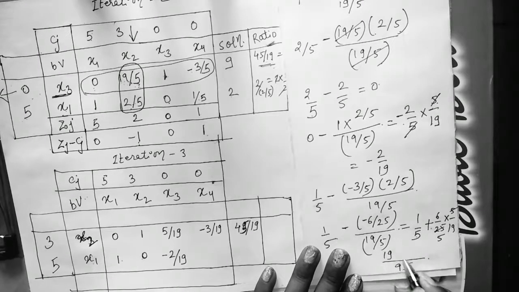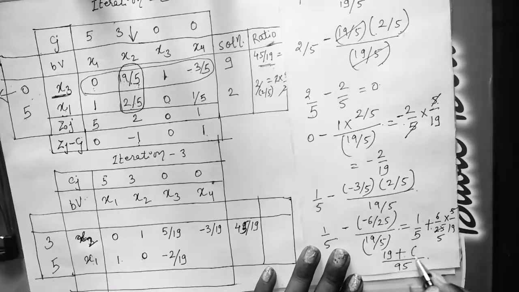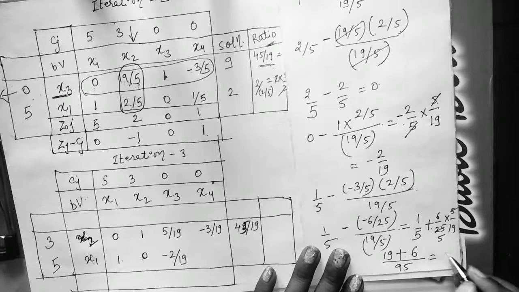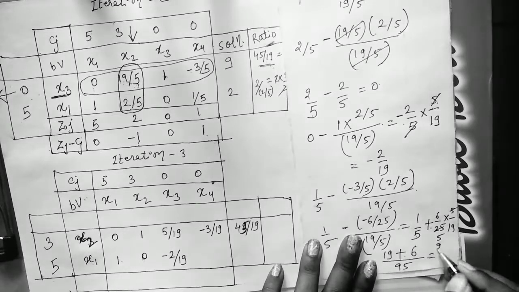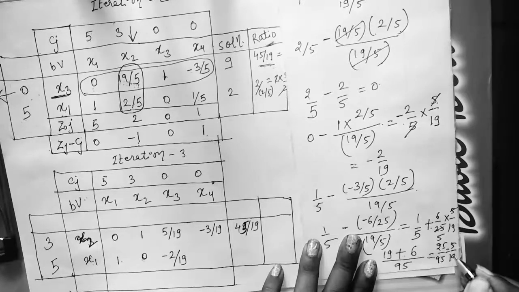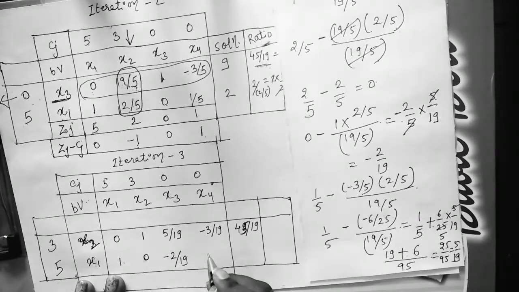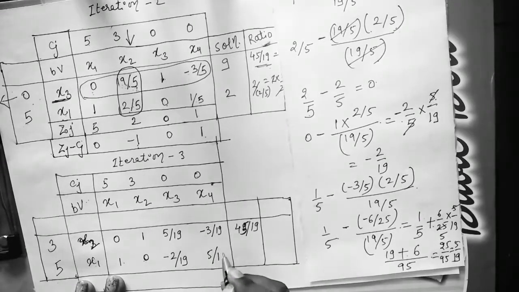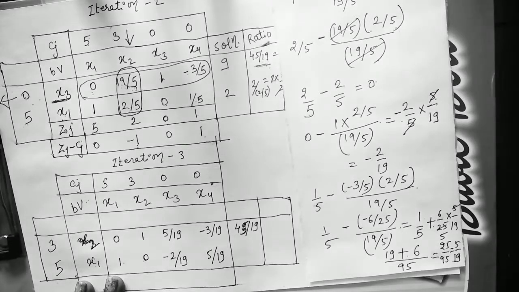Then 19 plus 6, this is 25 upon 95, that is 5 upon 19. So here the value is 5 upon 19.